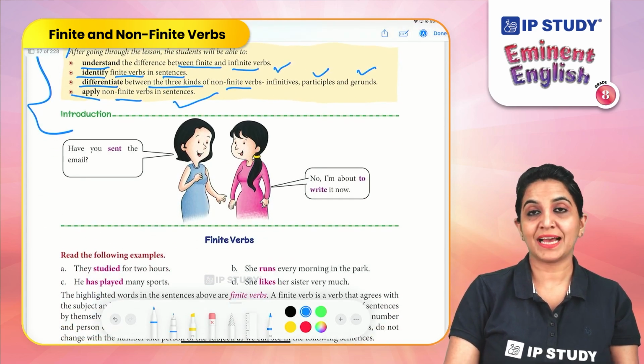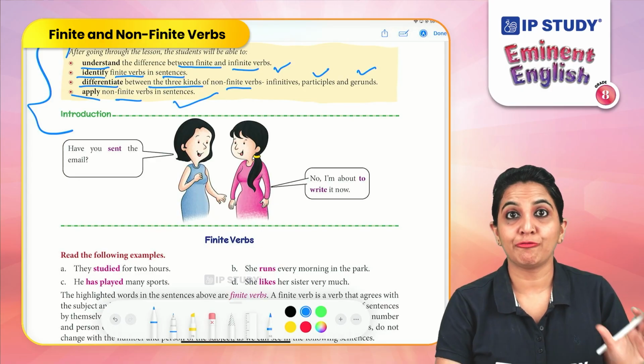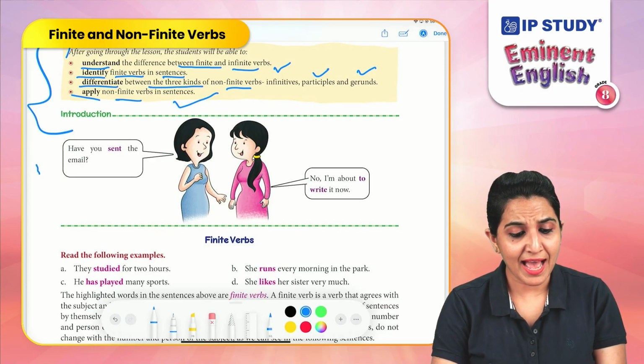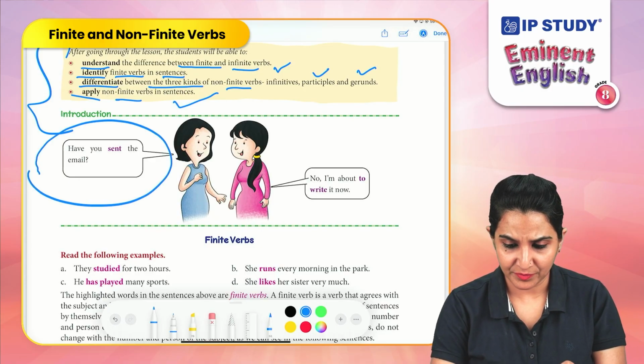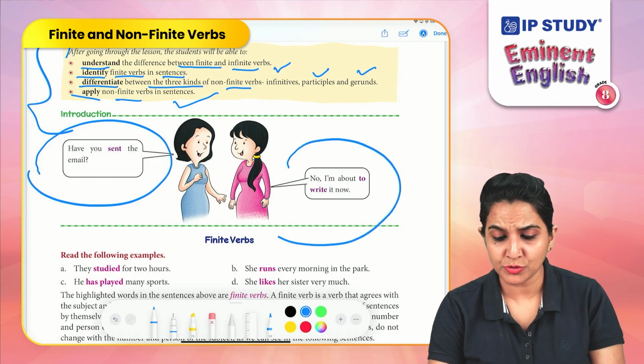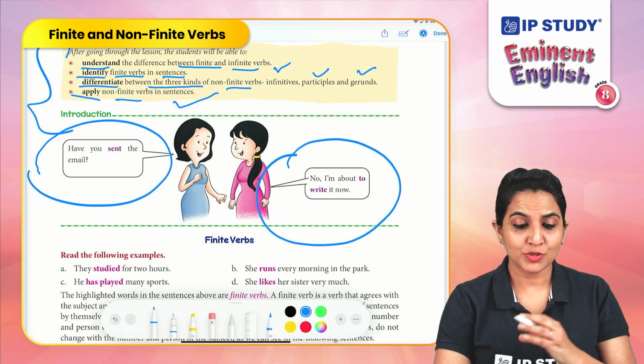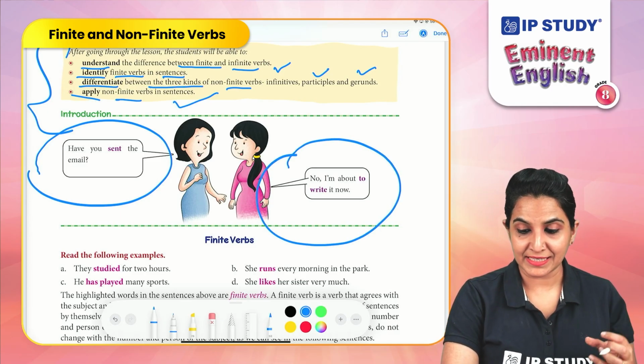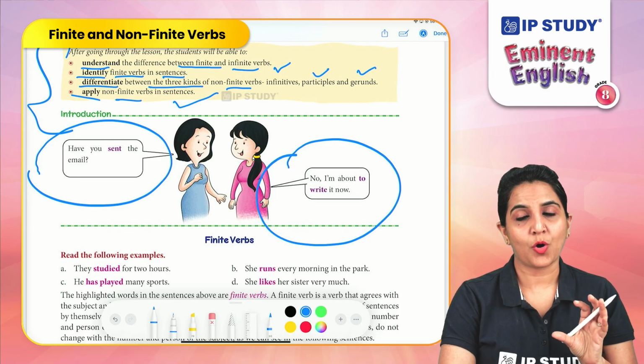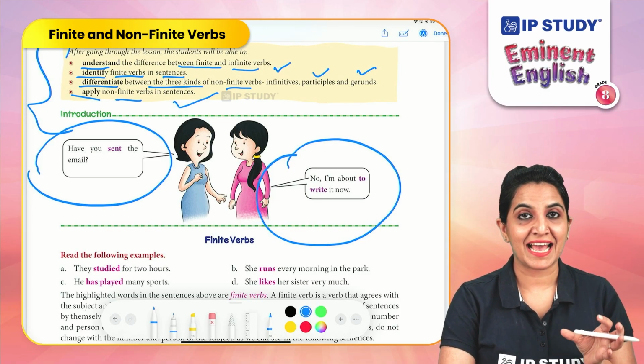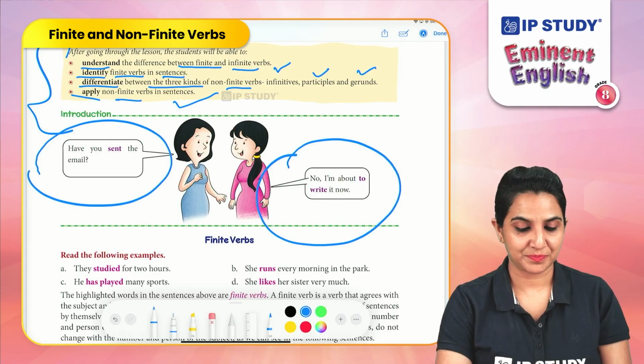Before we deep dive further, let's look at the following example. Have you sent the email? No, I'm about to write it now. So the verbs sent, to write, they are both non-finite and finite verbs.